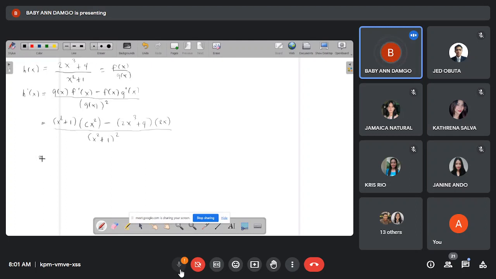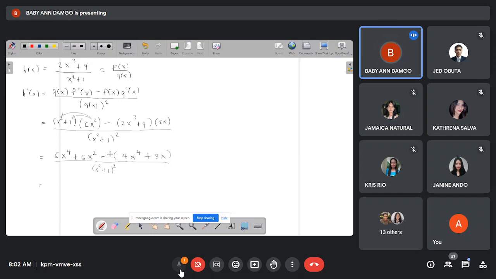Okay, so simplify, so this is 6x to the power of 4 plus 6x squared, minus, so this is 4x to the power of 4 plus 8x all over x squared plus 1 squared.